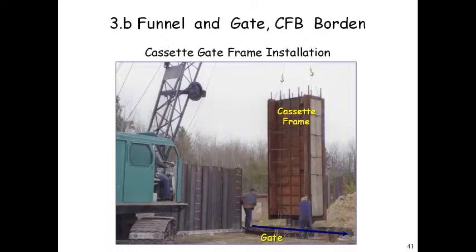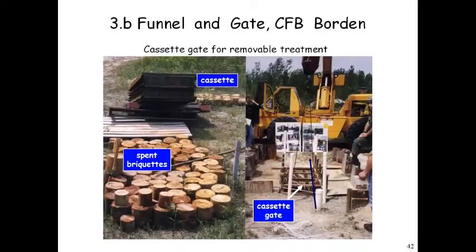The gate's a very special gate. It's a cassette gate. It's a frame that is screened front and back with permeable stainless steel so that groundwater can move through it. Into that frame we put cassettes. These were removable cartridges in which we had the treatment system. The cartridges we chose are shown here as briquettes.